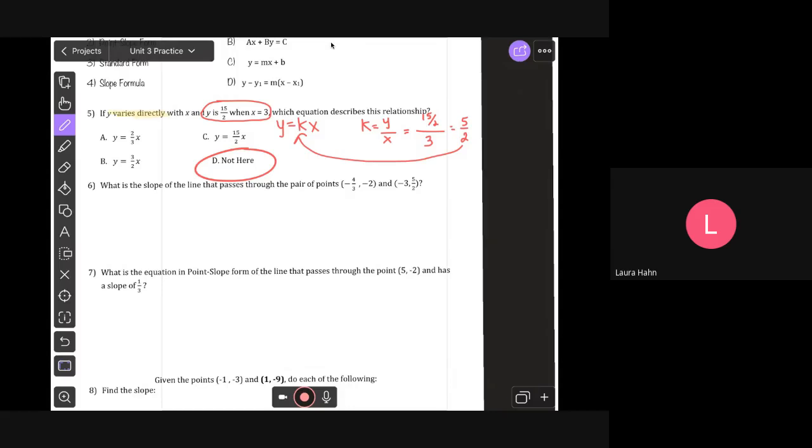That's not the only way you could have done this problem. There are several ways. Notice this one has answer choices, so we could have tried them out. I have an x and a y value, so I could have plugged them in. When x is 3, I could have plugged it in right here, and in my calculator done 2/3 times 3, and clicked enter to see, does that give me y of 15 over 2?